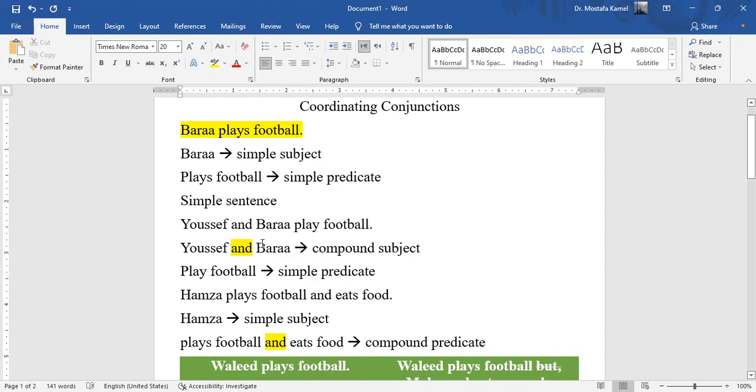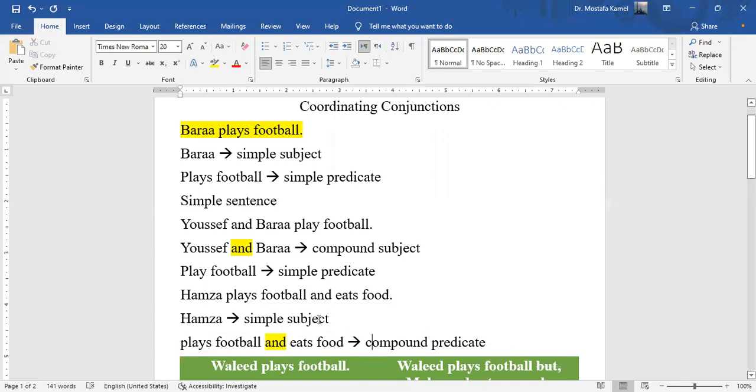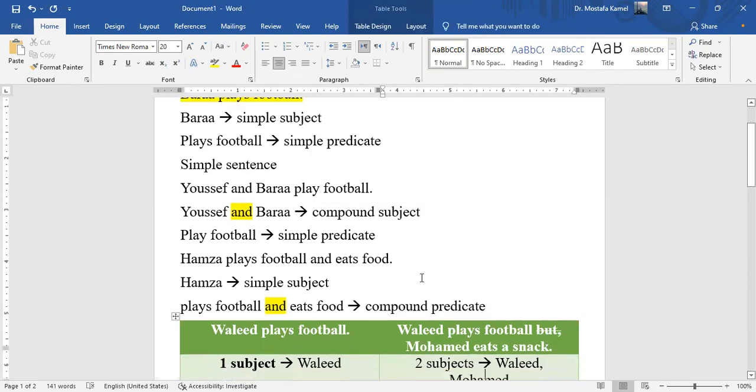If we have more than one predicate, it's called a compound predicate. But Mr., sometimes there is a compound subject and a compound predicate. Yes, of course.